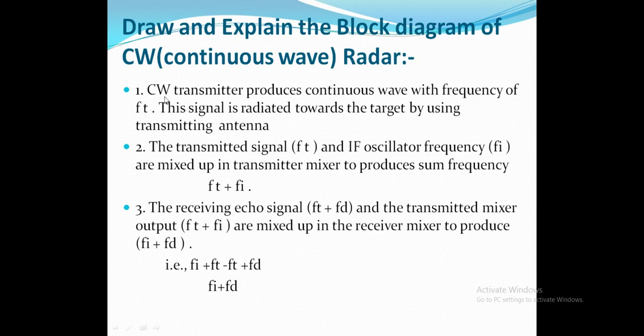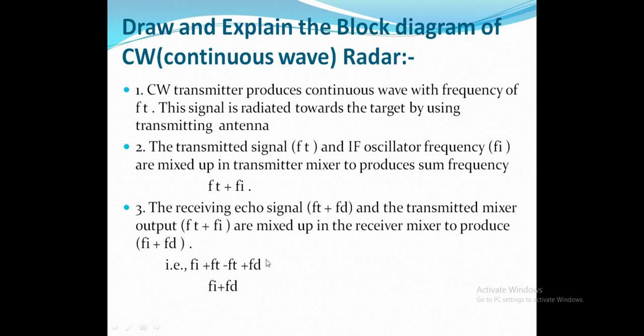Here, the continuous wave transmitter produces the continuous wave frequency Ft. This signal is radiated towards the target by the transmitting antenna. The transmitted signal Ft and the IF oscillator frequency Fi are mixed by the transmitter mixer, giving Ft plus Fi.